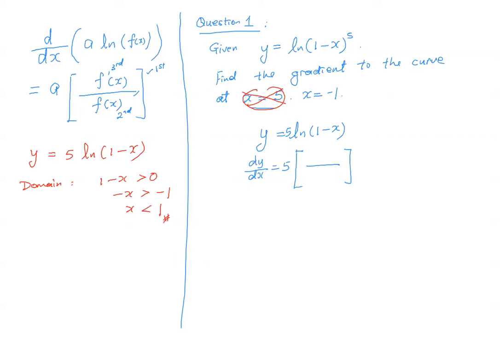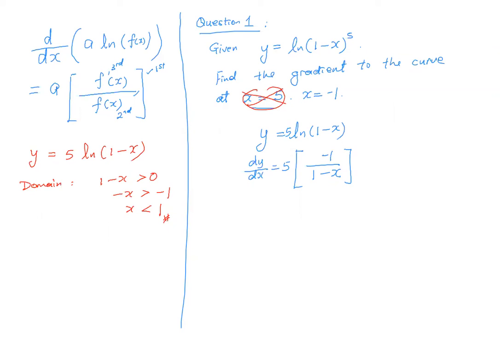Then what to write at the bottom? 1 minus x. 1 minus x, yeah. Up there? 0 minus 1, -1. So 0 minus 1, so I just put -1. Can or not?